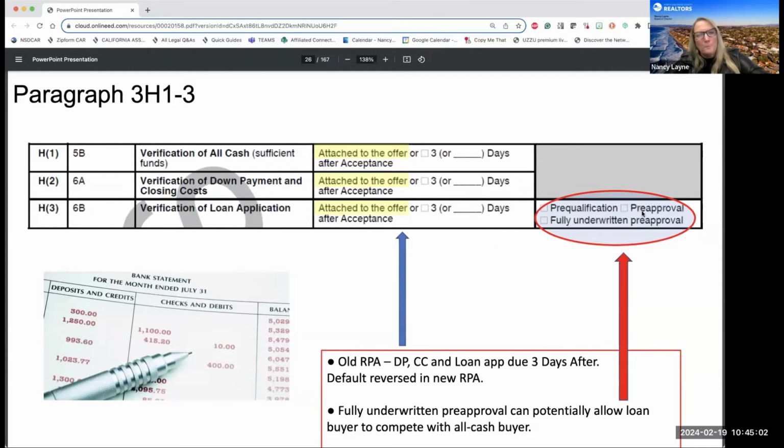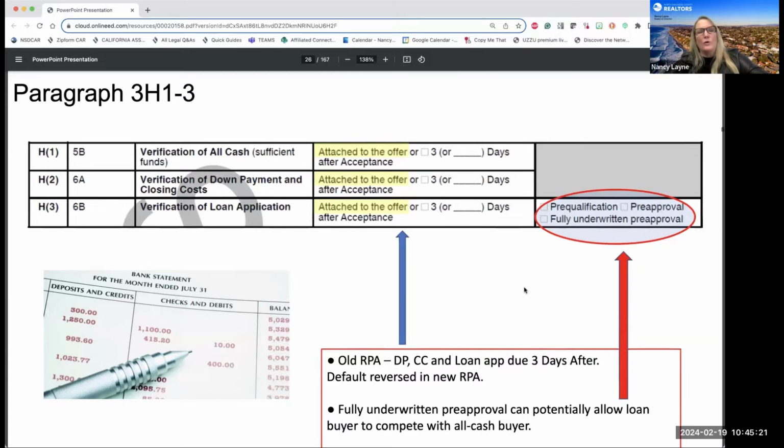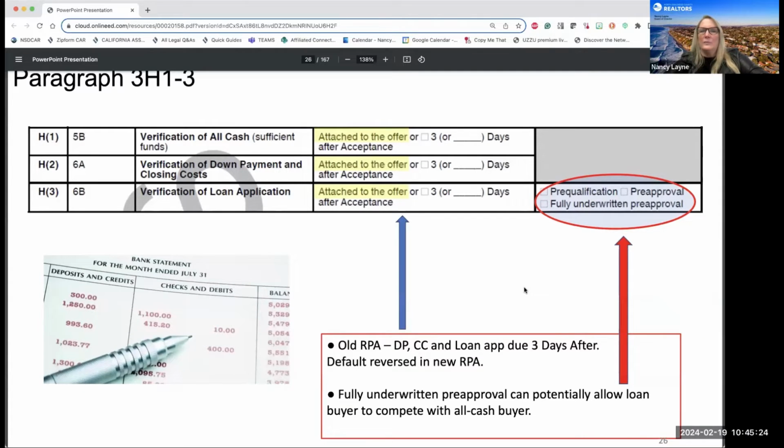If it's true, they can qualify. The fully written underwritten pre-approval is, I've looked at their numbers, I've looked at their bank accounts, and yeah, this guy has the ability to get this loan. This is a much stronger offer. We're seeing a lot more of those, given the requirements of a lot of sellers now.